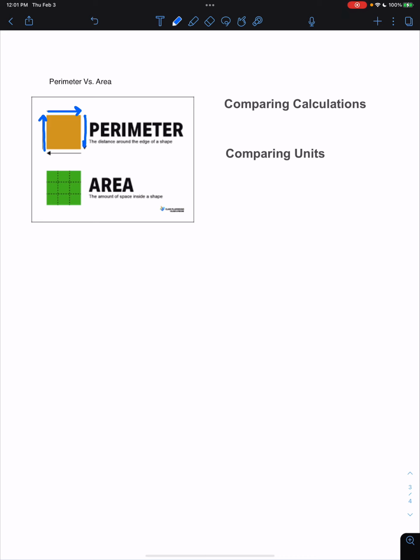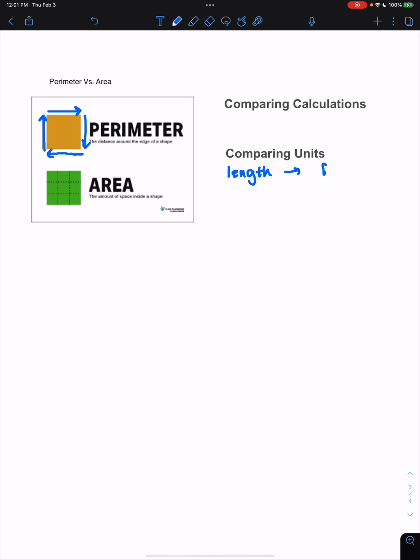So this is a measure of length. So we're going to use length for perimeter. And we're going to use just regular units.